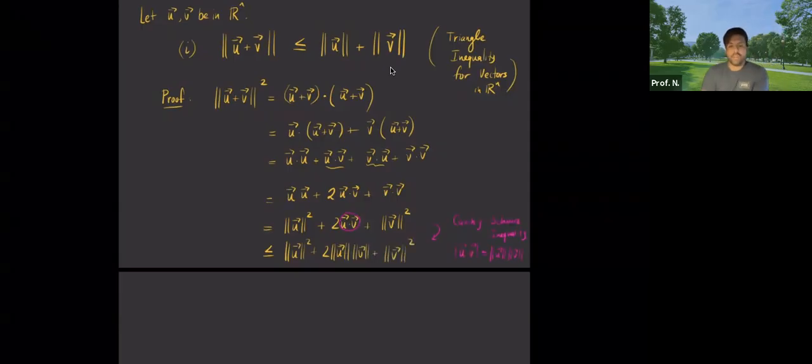And now what do we have on this side now? Can anyone tell me how I can rewrite this? Norm of u squared plus 2 times the norm of u times the norm of v plus the norm of v squared. How can I rewrite this? No? Nobody sees it?